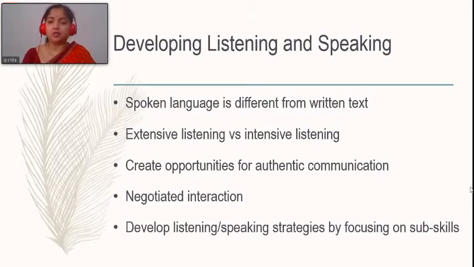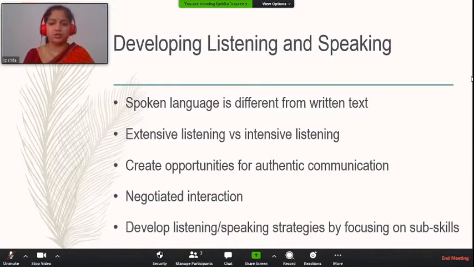If I ask my students to ask each other, what is your father's name? What is your mother's name? There is no scope of negotiation, because I will tell my father's name, you will tell your father's name, the conversation will end, right? But if I ask, who is the favorite member of the family?